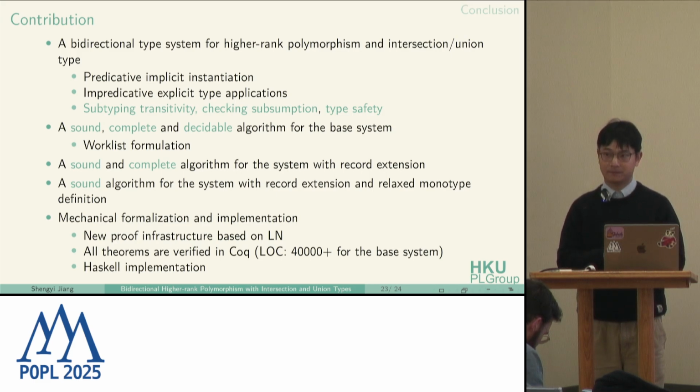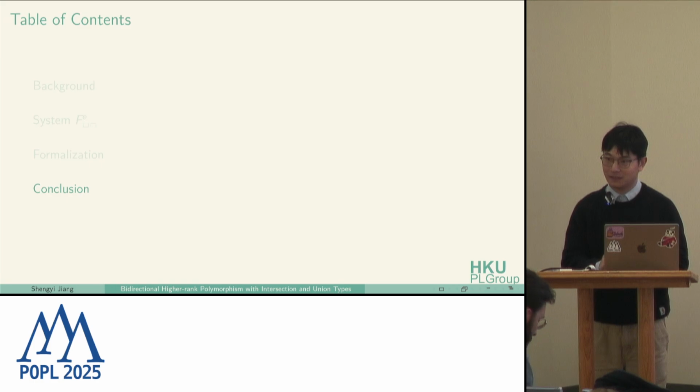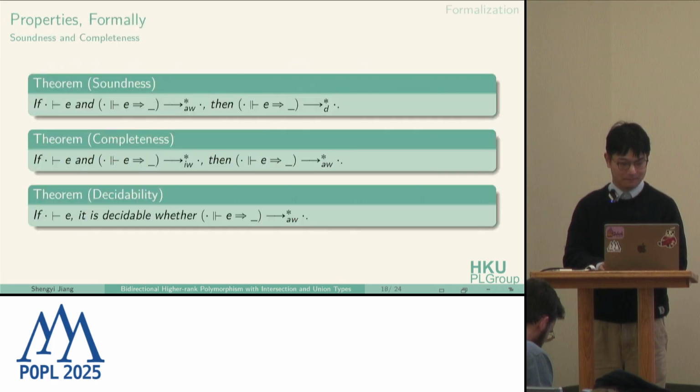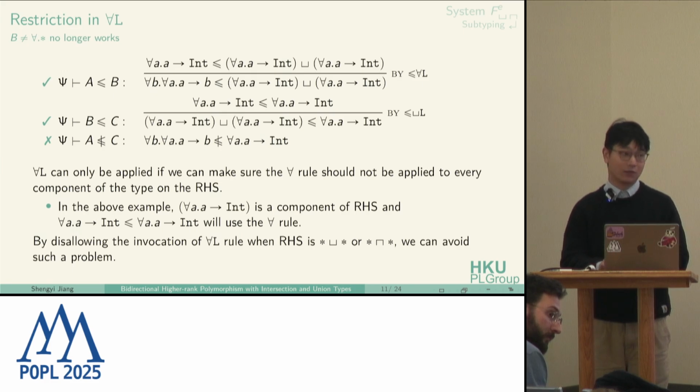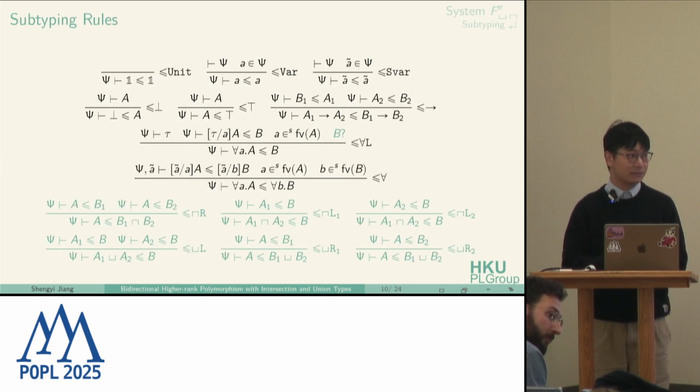OK. Yeah. And then I had another question. The slide had something about more expressive overloading. Could you clarify, more expressive compared to what? Or is it just because you allow for higher-rank polymorphism, now you can have overloading, which is also higher-rank types? I think it has similar expressive power to TypeScript.